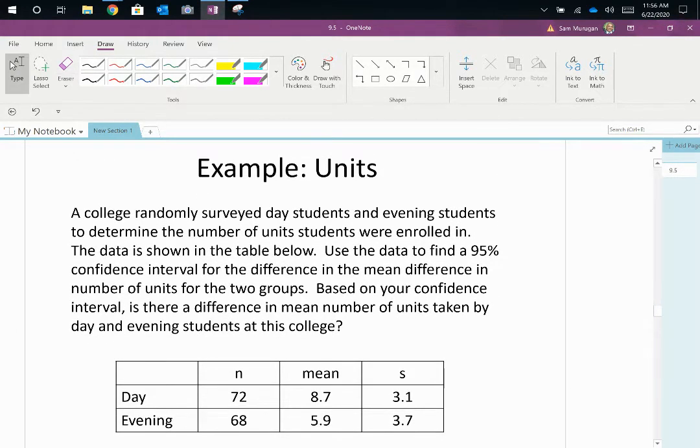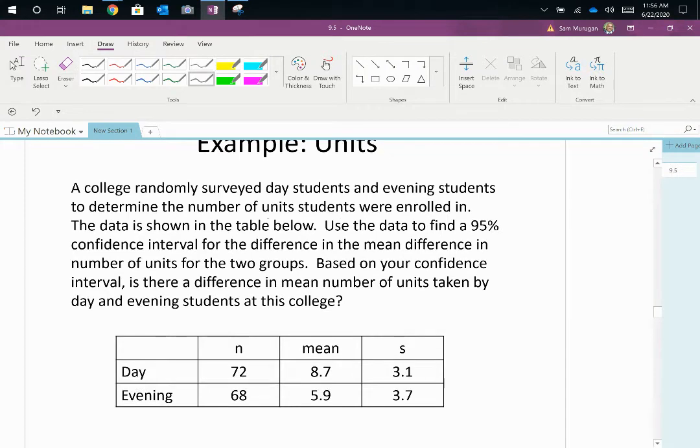A college randomly surveyed day students and evening students to determine the number of units students were enrolled in. The data is shown in the table below. Use the data to find a 95% confidence interval for the difference in the mean number of units for the two groups.